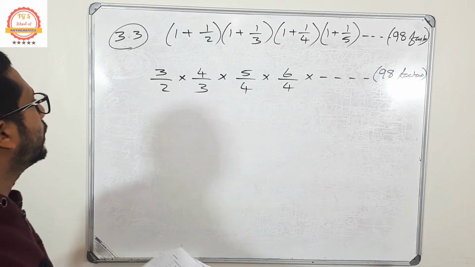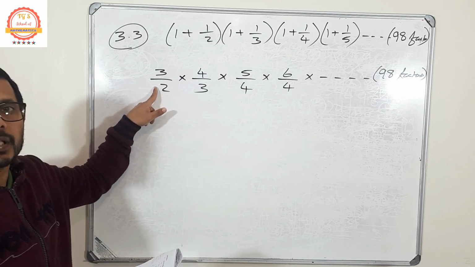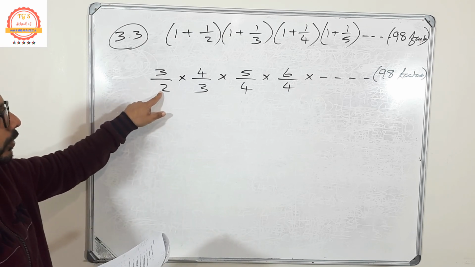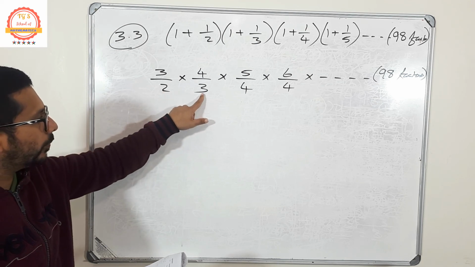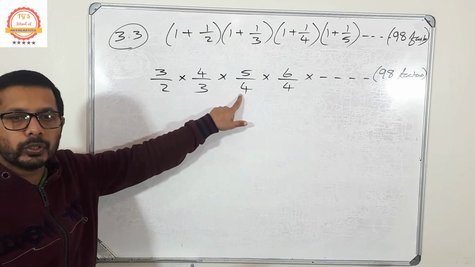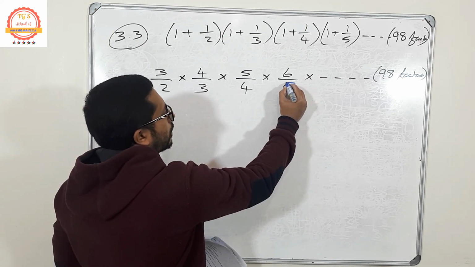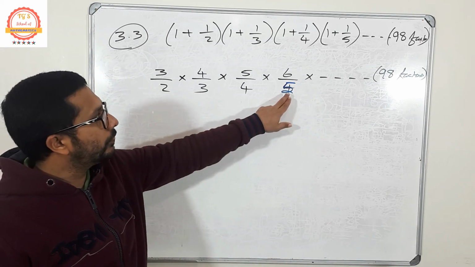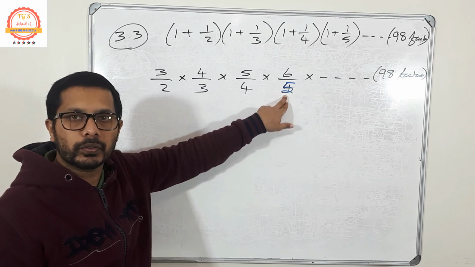So here what you have to understand is this is the first term. Look at the denominator. First term, denominator is 2. Second term, denominator is 3. Third term, denominator is 4. Fourth term, denominator is 5.